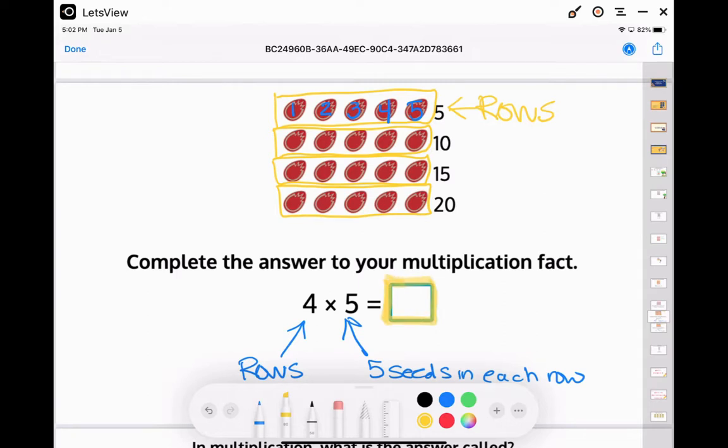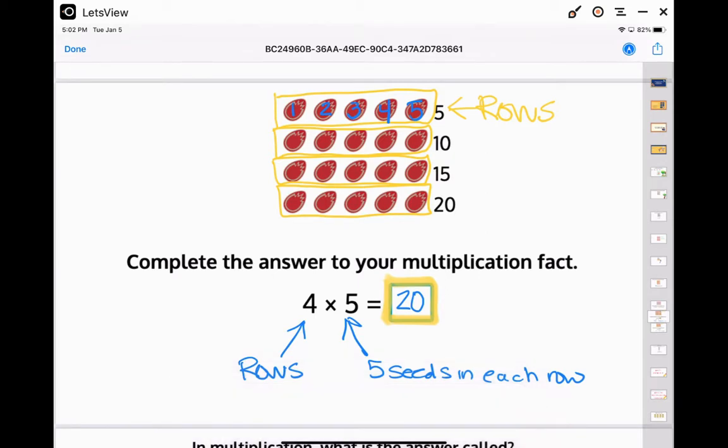How many total seeds do we have? Please answer on your Nearpod. That's right, guys. During our skip counting, we discovered that there are a total of 20 seeds because 4 times 5 equals 20. Great work, everyone.